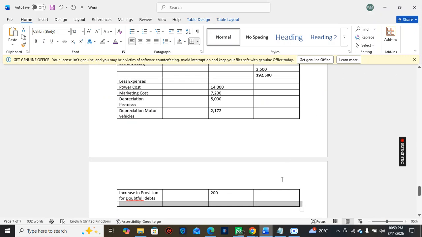And we're going to get 28,572. Those are our total expenses.